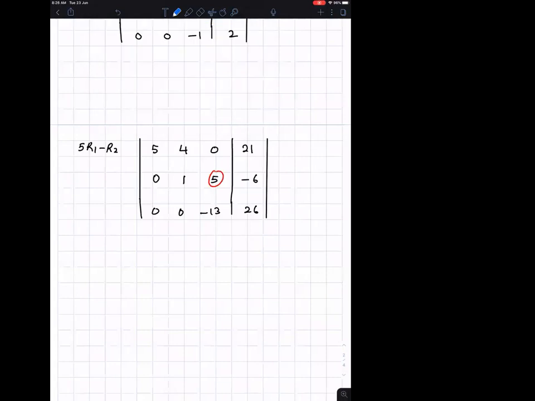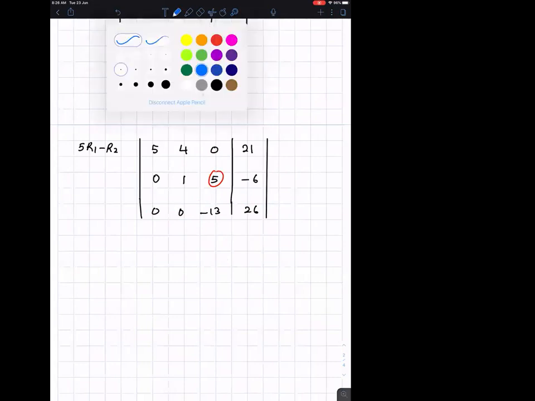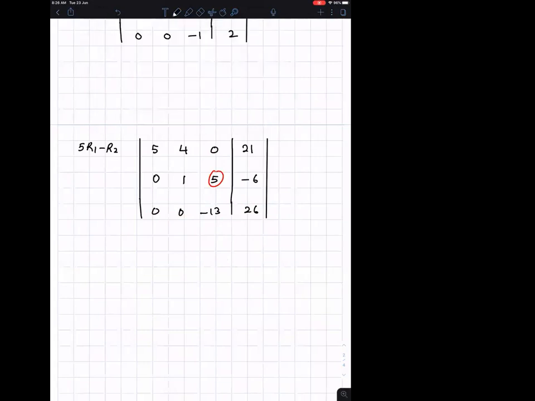I cannot use this row to make this go to 0, because this is already 0. So I only have to use this to make this go to 0.